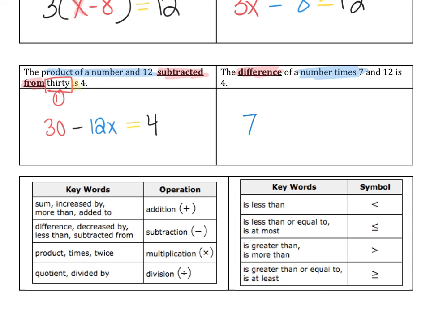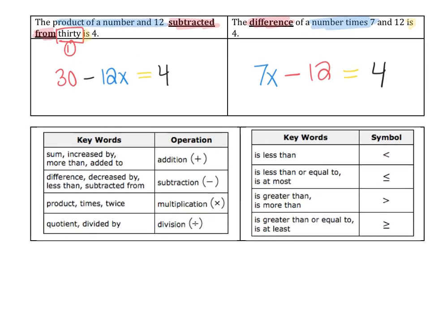So a number times 7 is written just as 7x. Now I'm going to come back and I'm going to use what I know about the word difference, meaning subtraction. And then the other number is 12. And then it uses the word is, so I'm going to put an equal sign after that. And the next number is 4. So this is how I would write the difference of a number times 7 and 12 is 4.